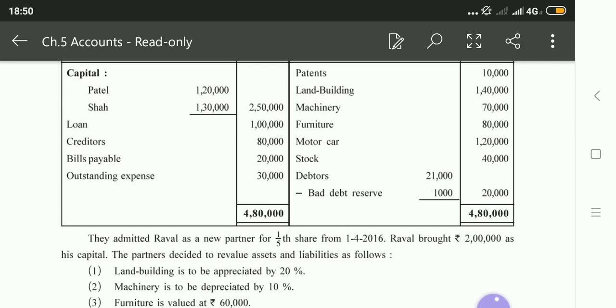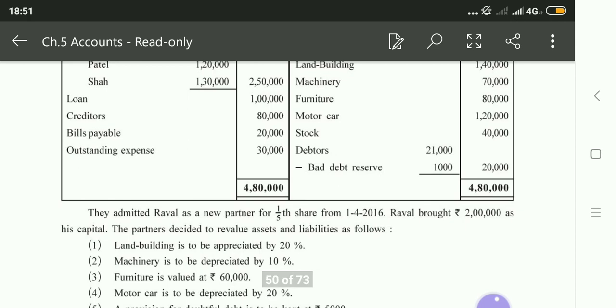Value of land and building is increased by 28,000. So for the journal entry, I repeat, whenever the value of an asset increases, revaluation account is to be credited and we are going to debit the respective asset account.